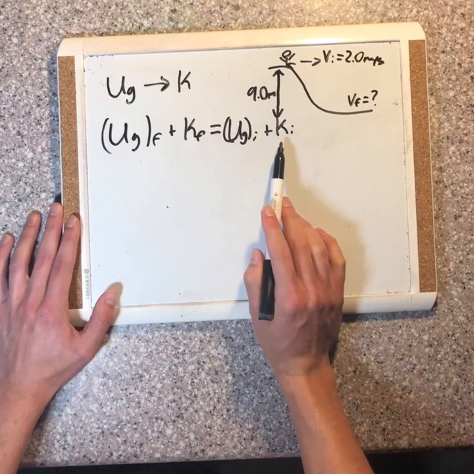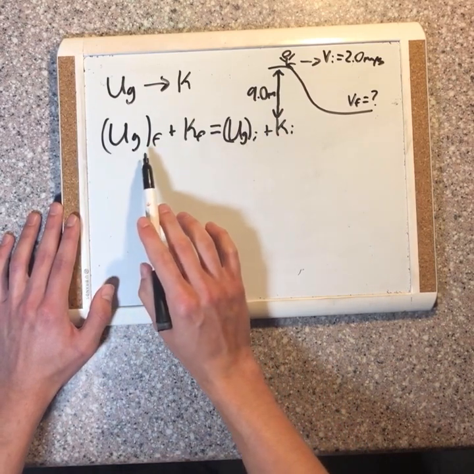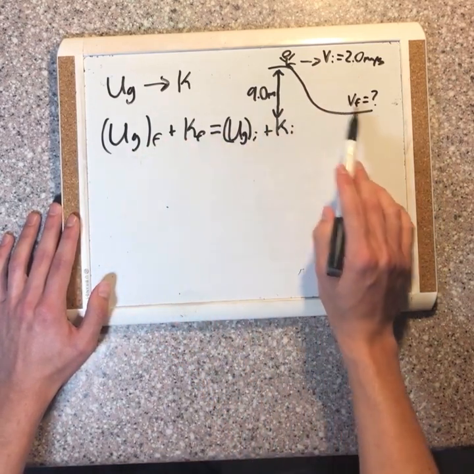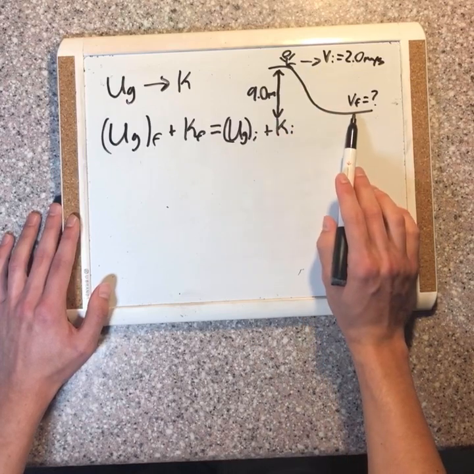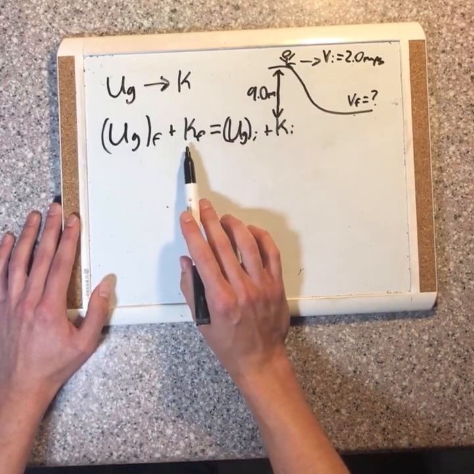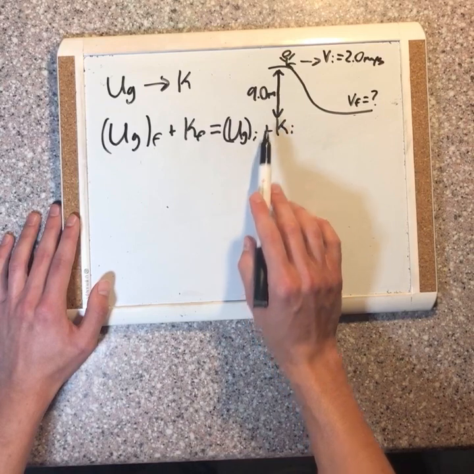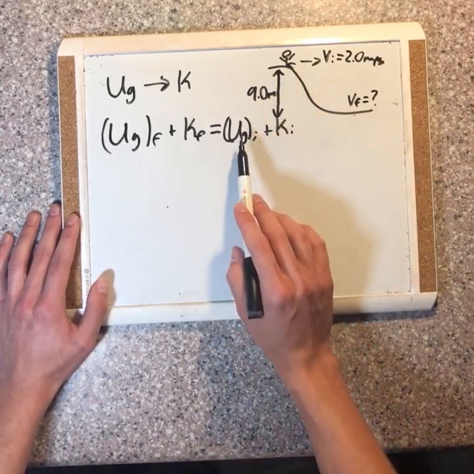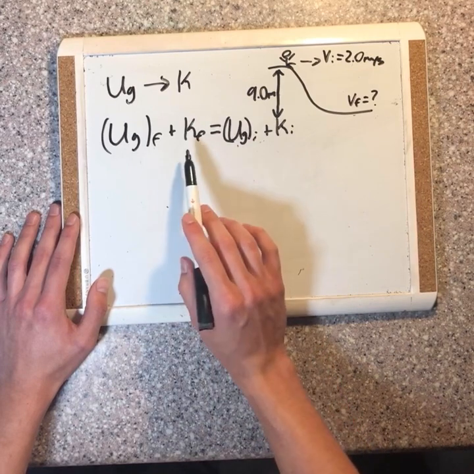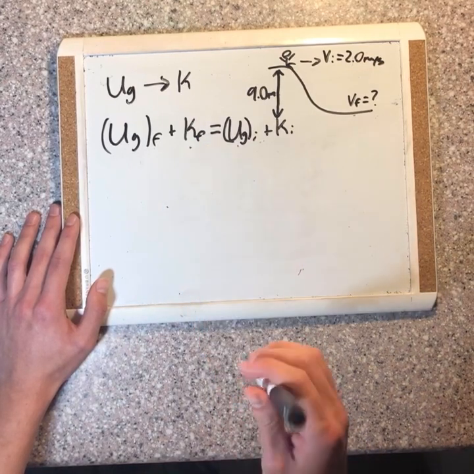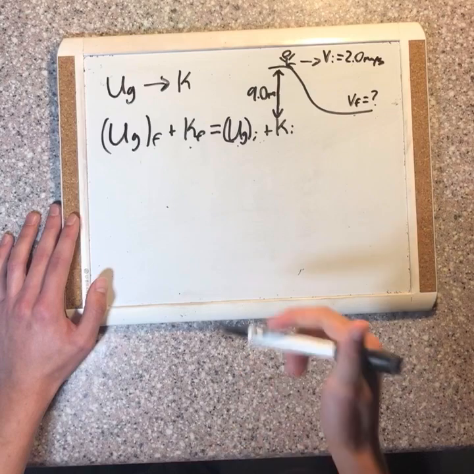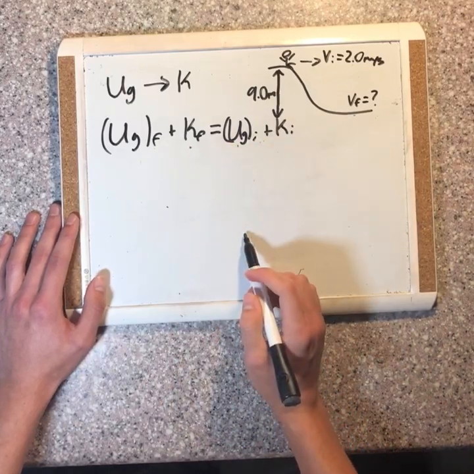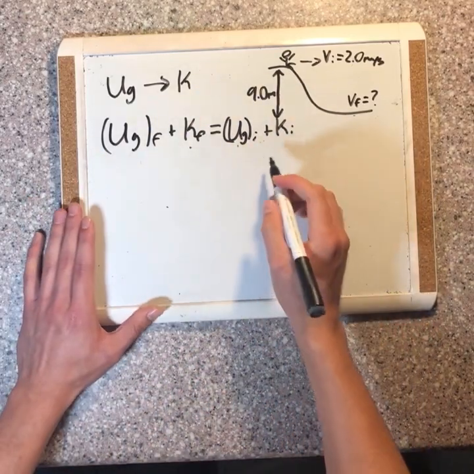All this equation is saying is that the final state of the individual at the bottom of the slide is going to have the same amount of energy as their initial state at the top. The energy is going to look different. It's going to be potential first and then mostly kinetic, but the energy amount is going to be the same because energy is conserved.